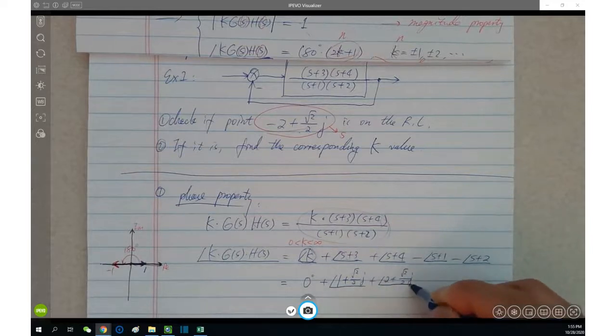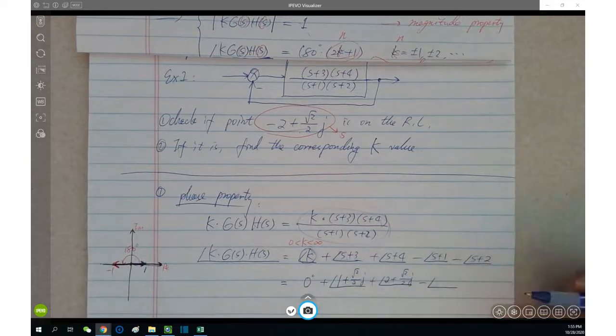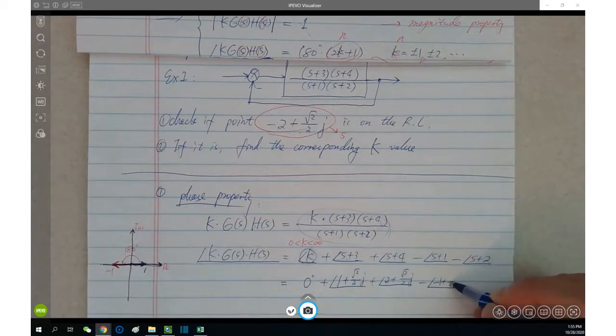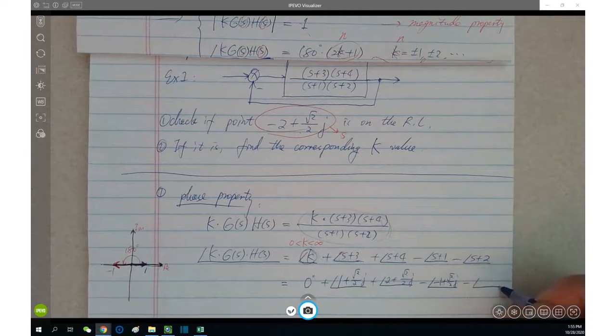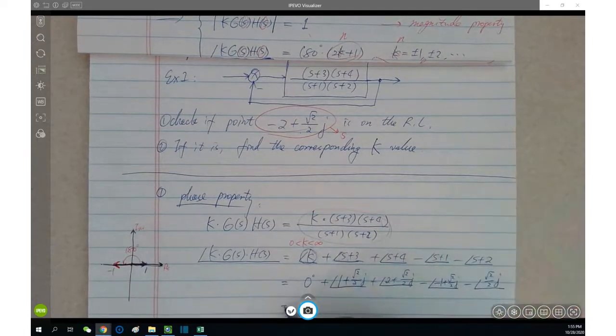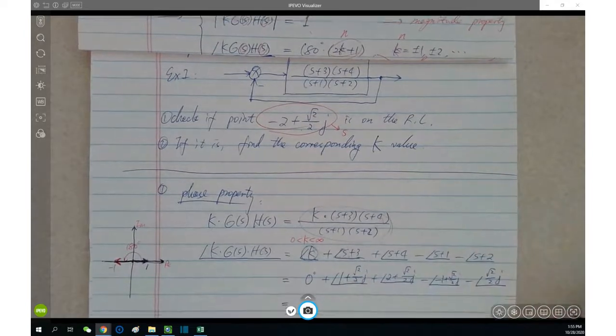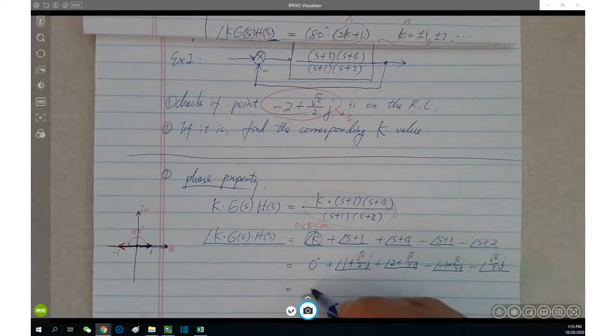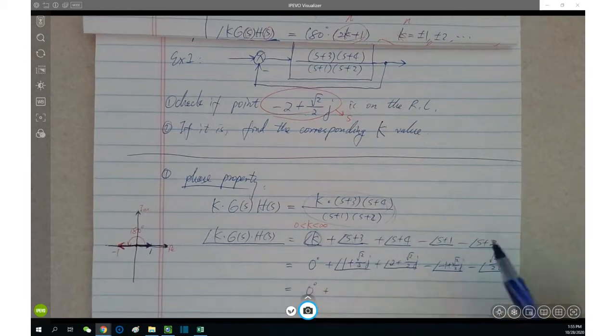Right? This is nothing but substituting S into the equation here. 0 is 0. This angle, you need to ask for help from calculator.